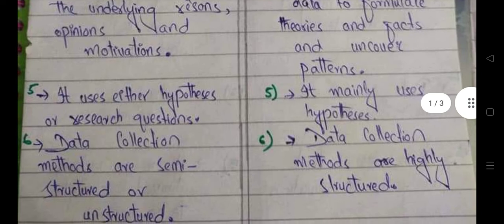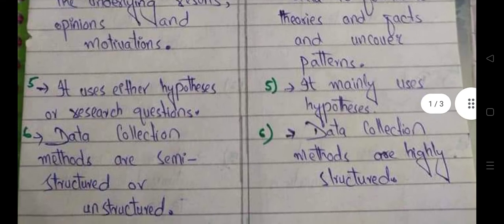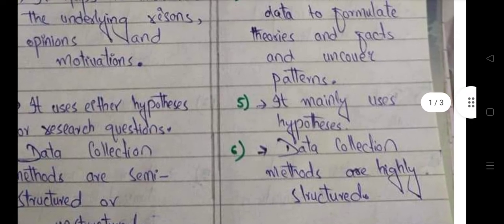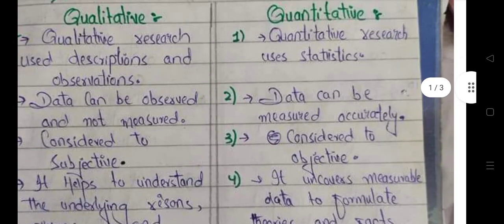And qualitative uses either hypothesis or research question, whereas quantitative mostly uses hypothesis. Data collection methods are semi-structured or unstructured in qualitative, whereas in quantitative, data collection methods are highly structured, right?